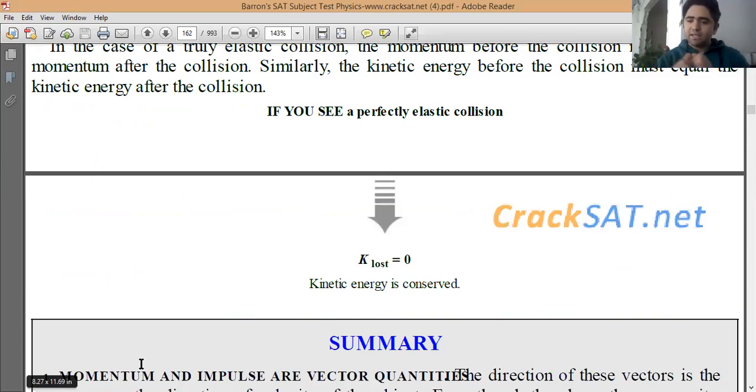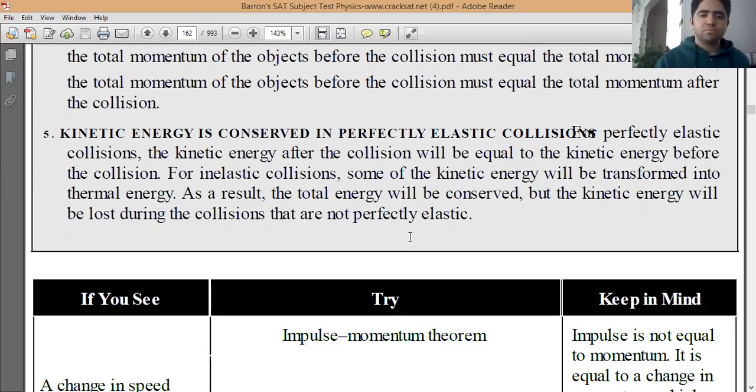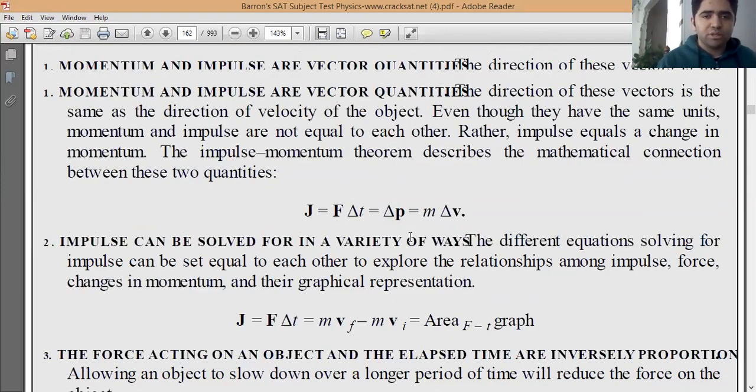They hit each other, they leave. No kinetic energy loss. In this case, the initial kinetic energy of them both equals the final kinetic energy of them both because the kinetic energy lost is equal to zero. Okay, so let me activate the whiteboard.